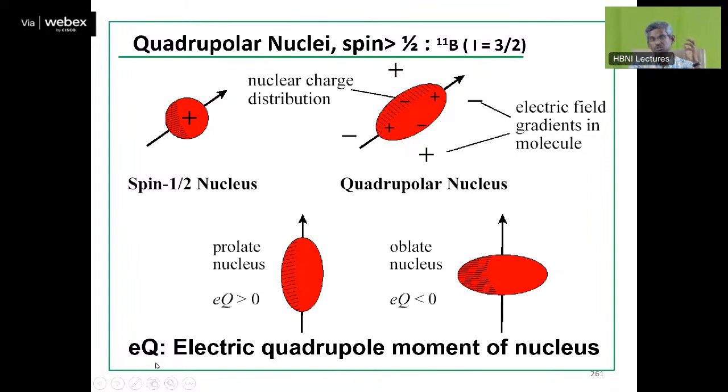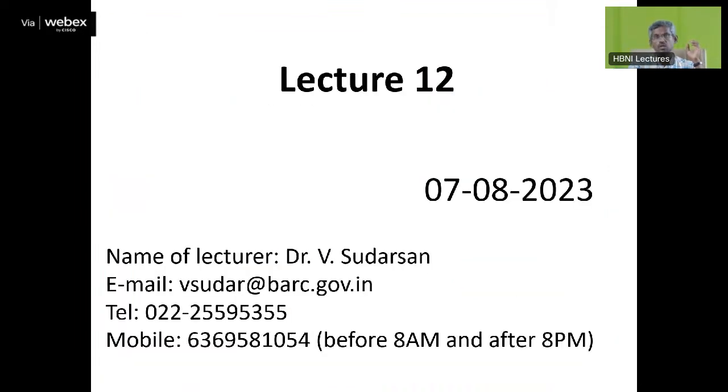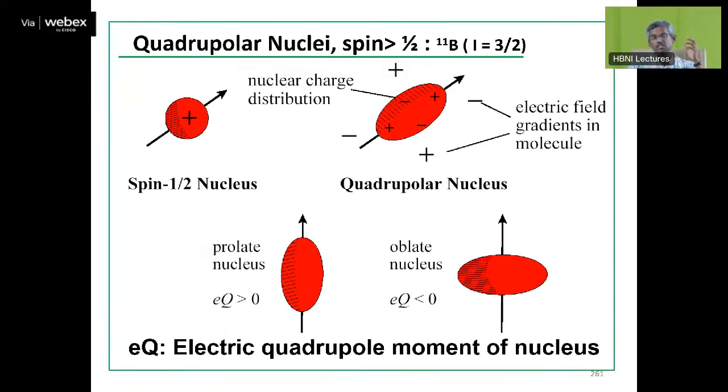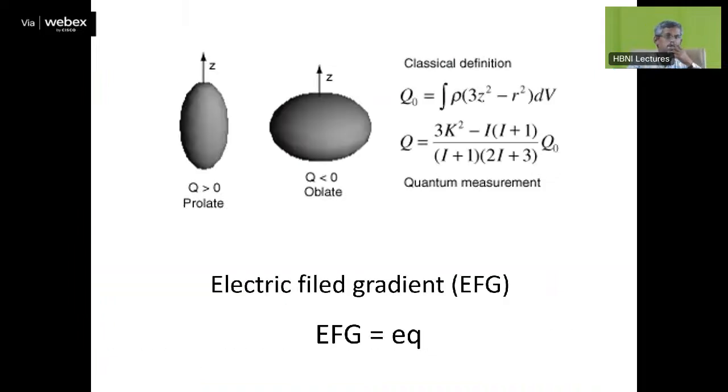Some people say Q also, but in many textbooks it is given as EQ. By convention, if EQ is greater than 0, we say it's a prolate nucleus, and if EQ is less than 0, we say it's an oblate nucleus. These are purely conventions; you need not bother about that.